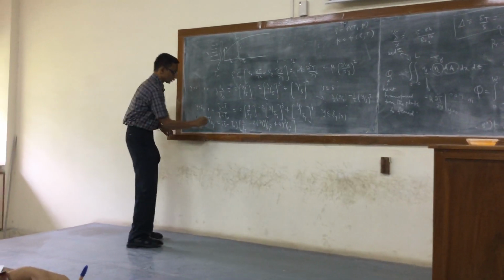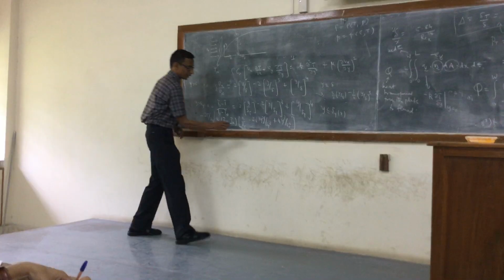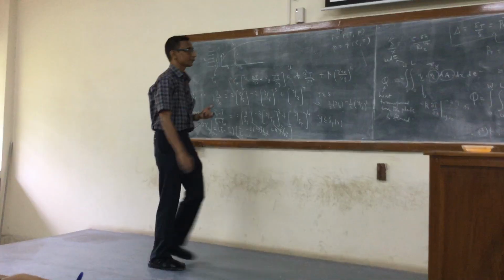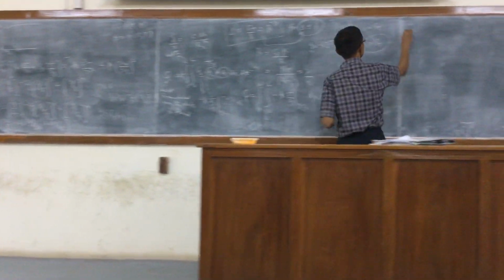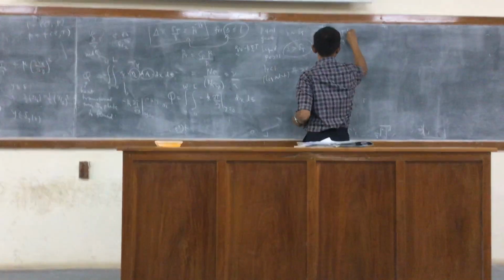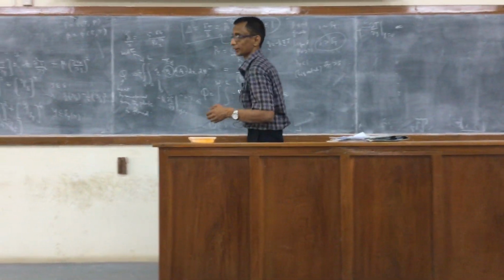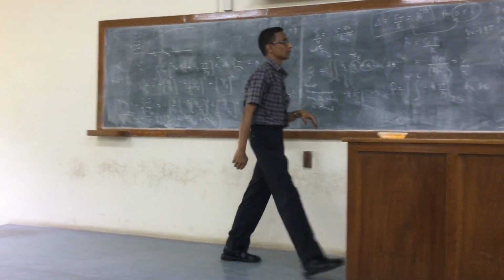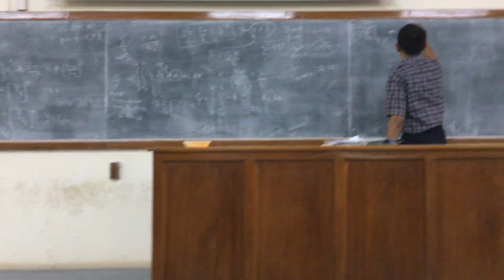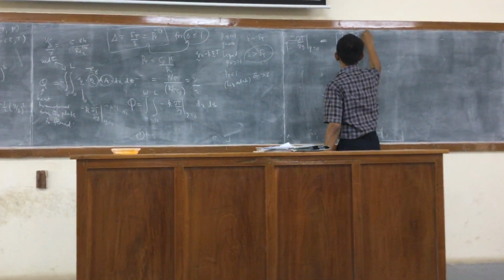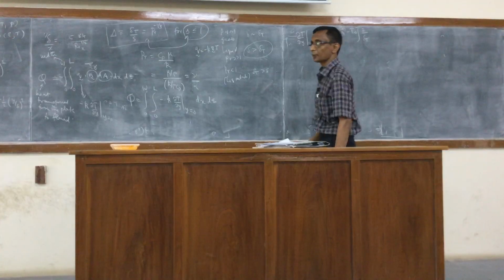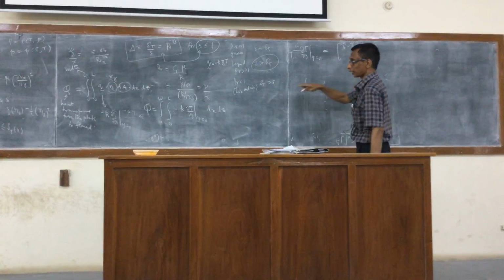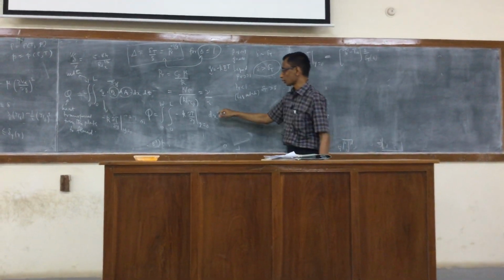But I want this only at y equal to 0. So I need not really have even differentiated this. These two become 0, and so I get minus dT by dy at y equal to 0 is given by T0 minus T infinity times 2 divided by the thermal boundary layer thickness. So this is a function of x. So that's where the integral over x would come.